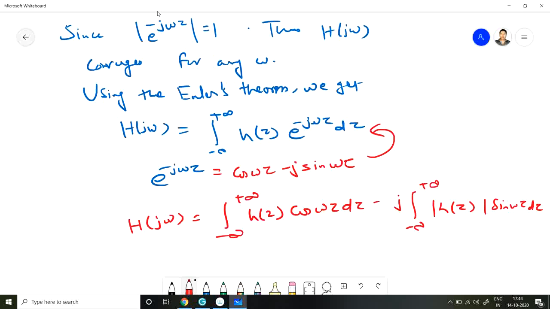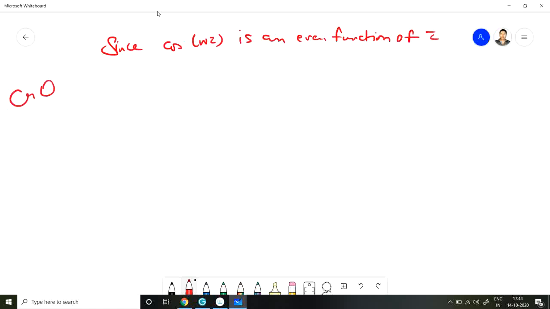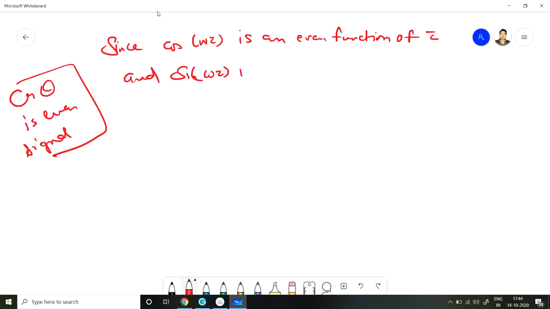Now we can further analyze that cos omega tau is an even function of tau, because cos theta is even, and sin omega tau is an odd function of tau.